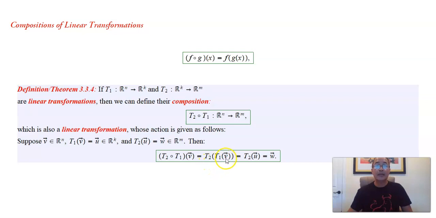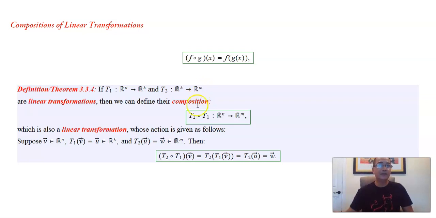Whatever output we get from t1 will be the input for t2. So that means that if t1 goes from Rn to Rk, if the output is in Rk, then t2 had better get its input from Rk, and its output can be any space that it wants.